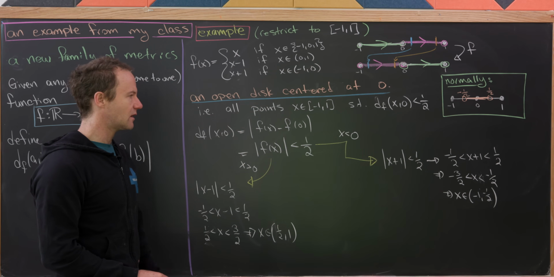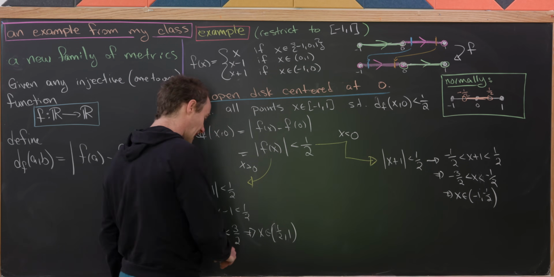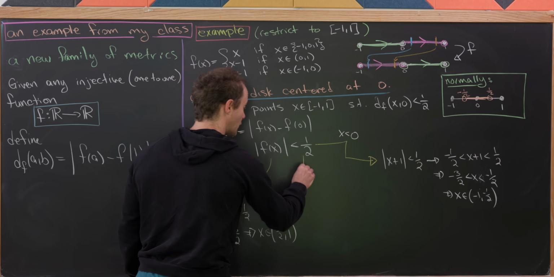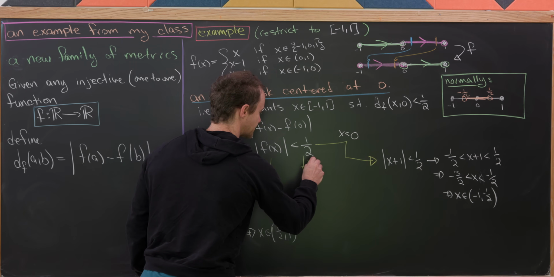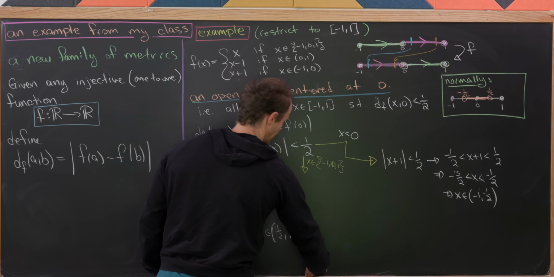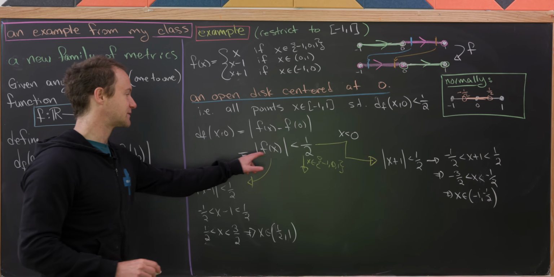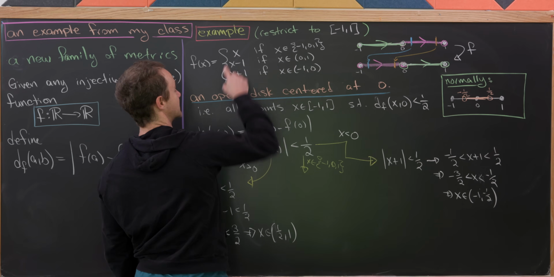And you might say, well, okay, that's actually all the cases, but it's not. What if we have this secret third case when x is either equal to negative 1, 0, or 1? So let's write that here. So x is in the set negative 1, 0, or 1. Okay, but in that case, we have absolute value of f of x is less than 1/2, but f of x is simply equal to x here.